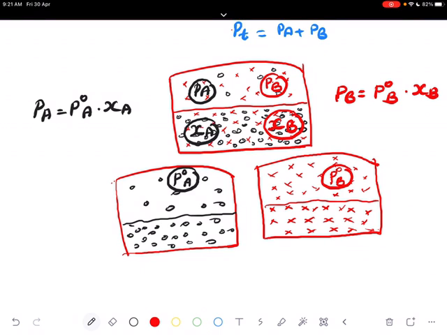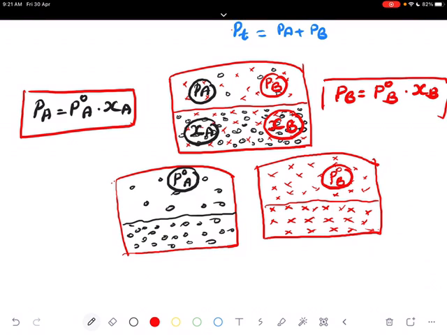This is Raoult's law. PB is equal to P naught B into XB.